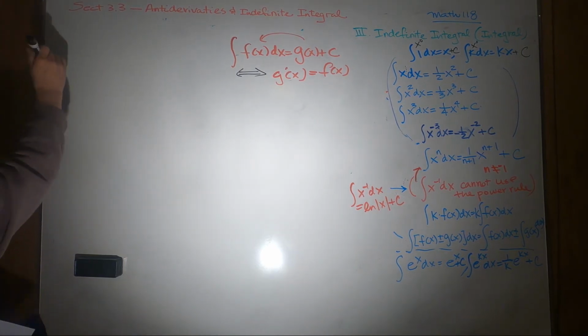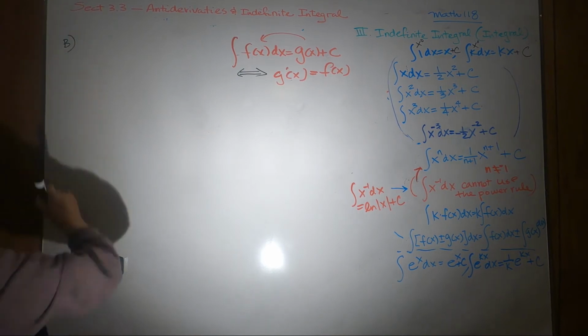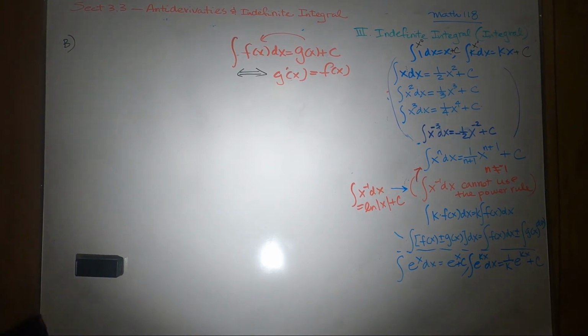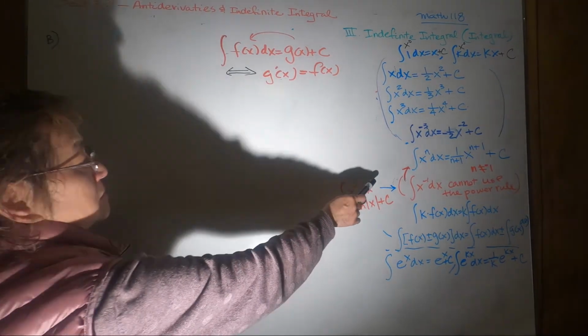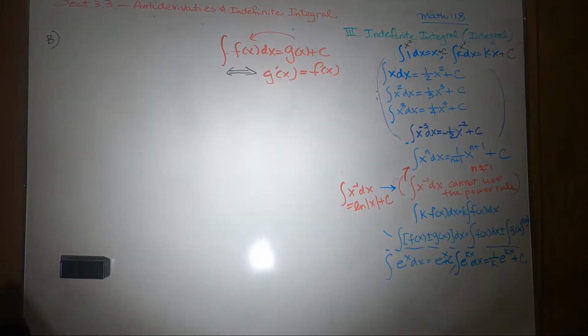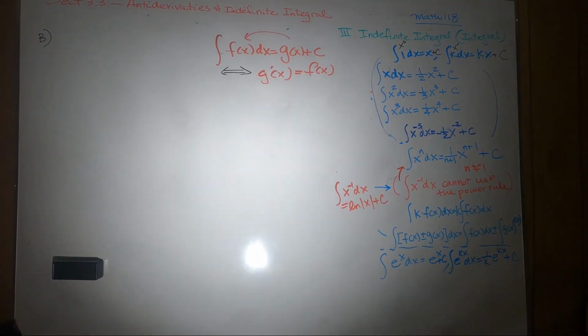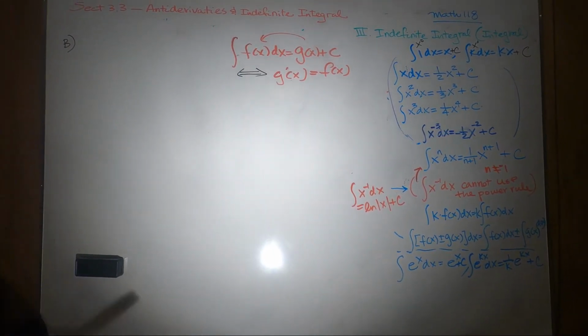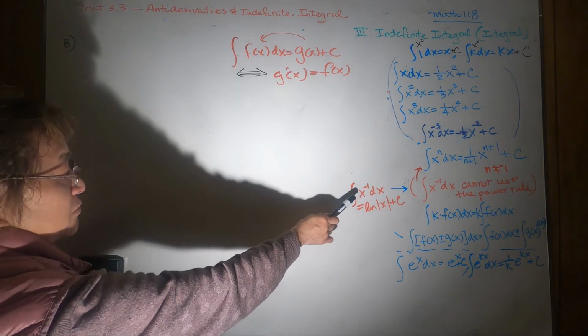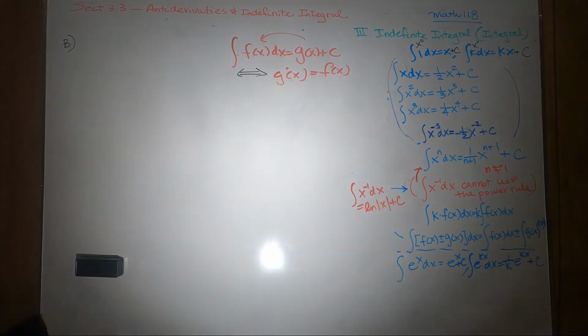Then let's practice some examples for those basic antiderivative rules. Okay? Let's practice the power rule first. Any power except the -1, we cannot use the power rule.